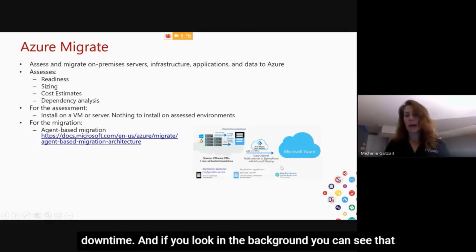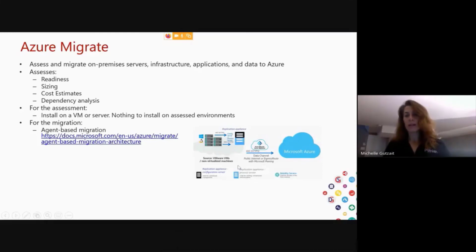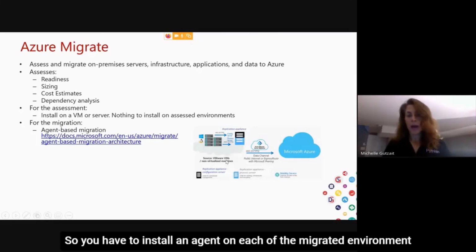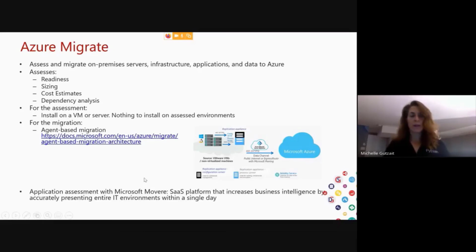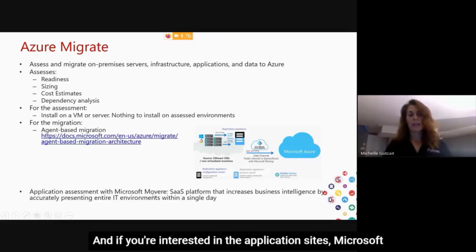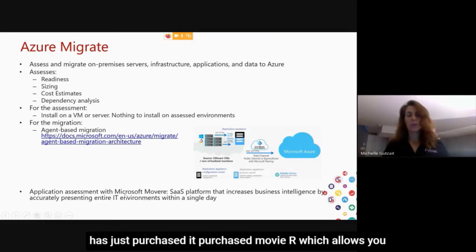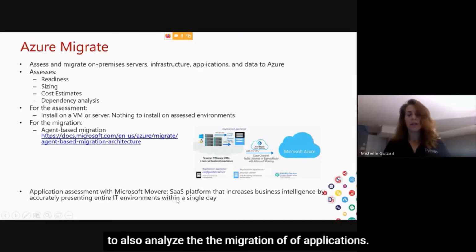And if you look in the background, you can see that this is using replication. So you have to install an agent on each of the migrated environment, and it works with replication in the background. And if you're interested in the application sides, Microsoft has just purchased Movere, which allows you to also analyze the migration of applications.